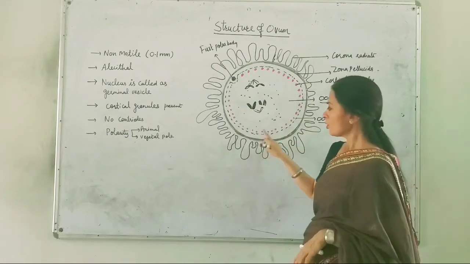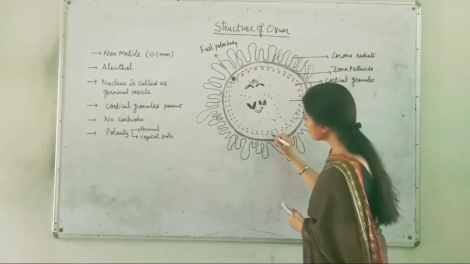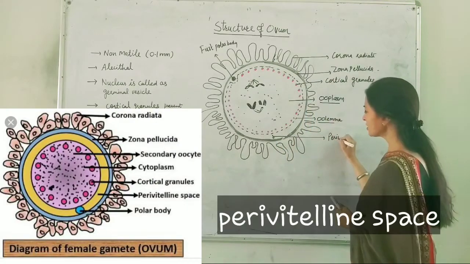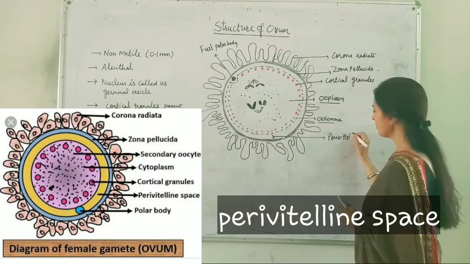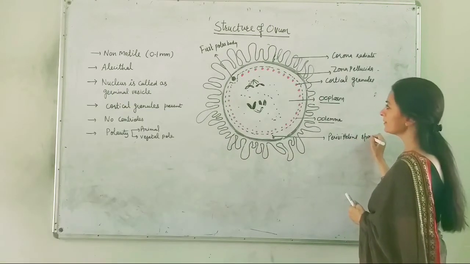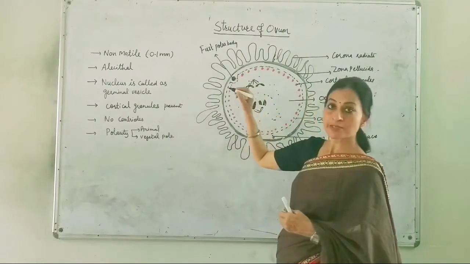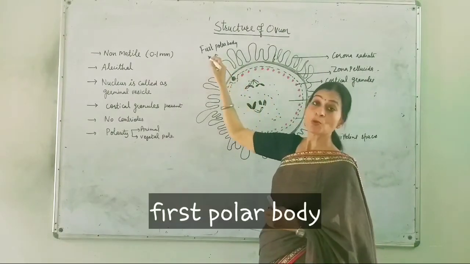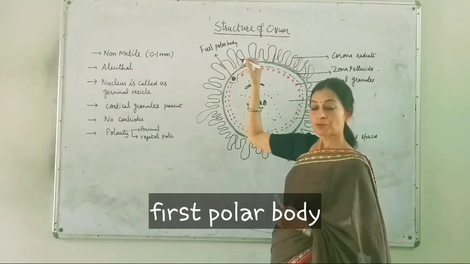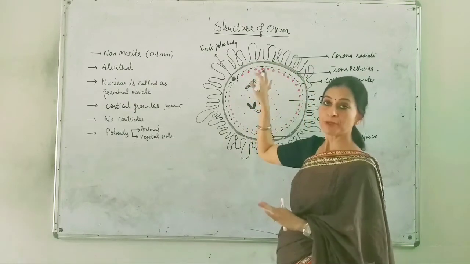Okay. Now, after the plasma membrane, you can see that there is a space here. This space is known as the perivitelline space. And in this perivitelline space, you can see a small cell. This small cell is actually the first polar body, which is formed during meiosis first in the primary oocyte.